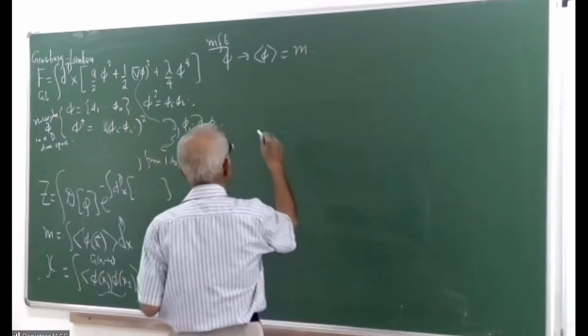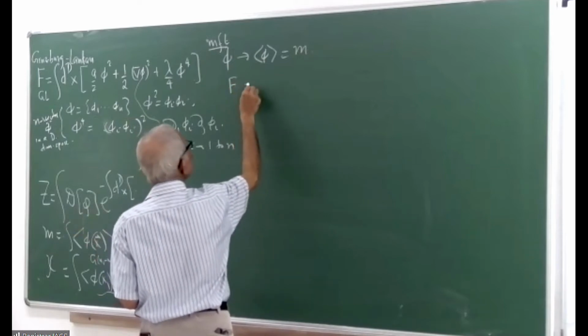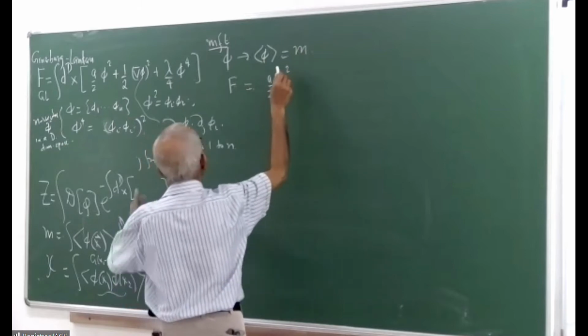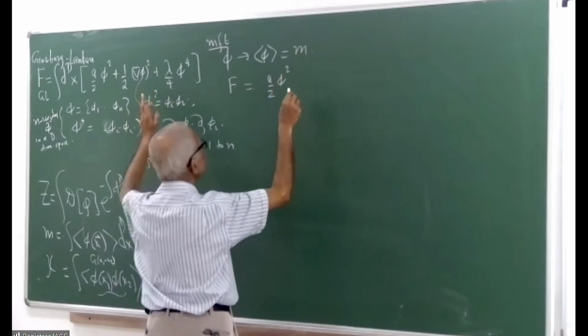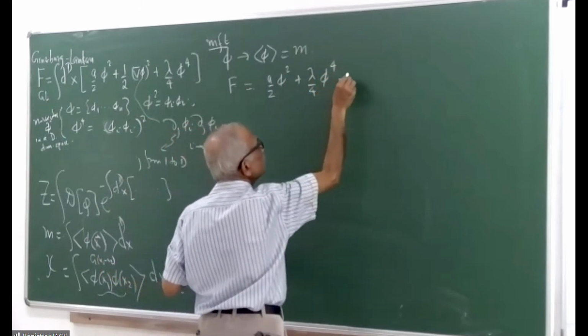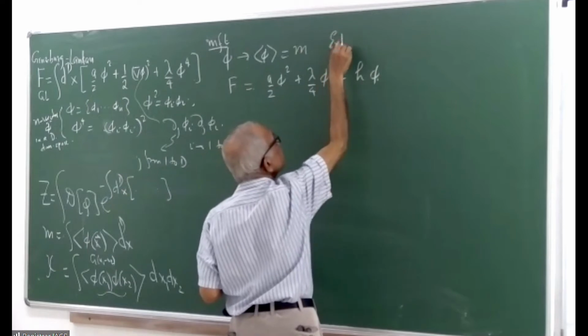F is equal to the volume times F per unit volume, which is simply A over 2 phi squared, the gradient term is not there, plus lambda over 4 phi to the fourth minus H phi, where H is the external field.